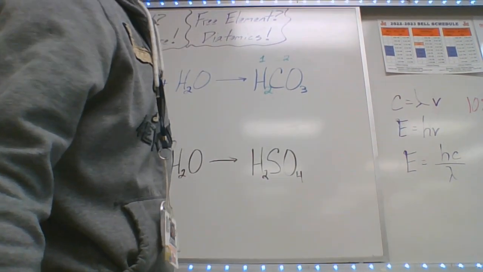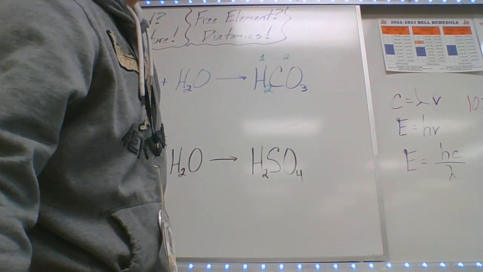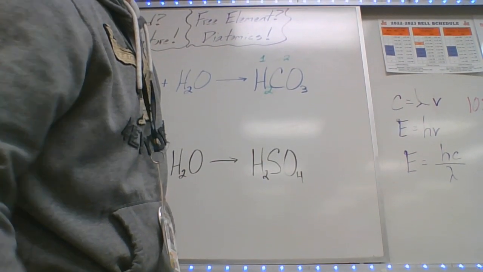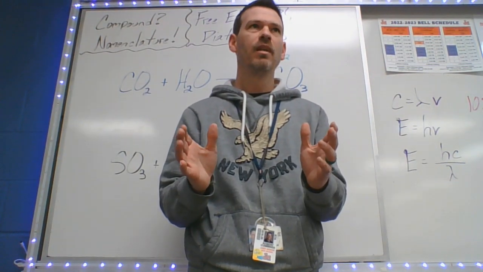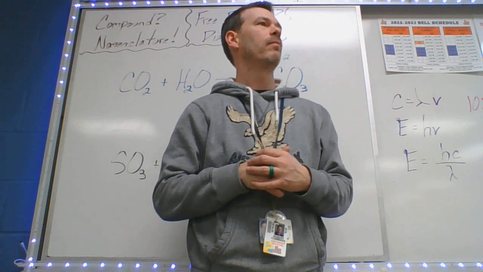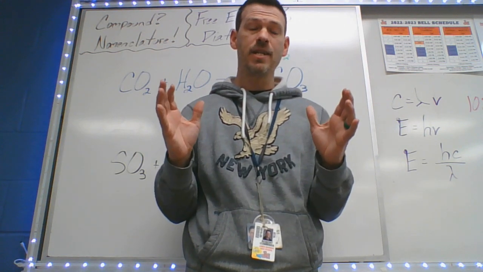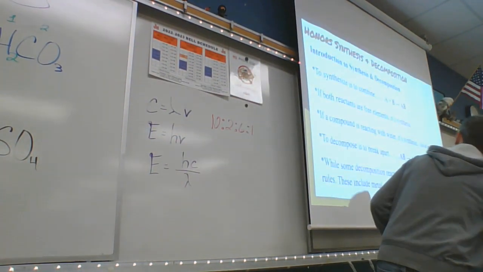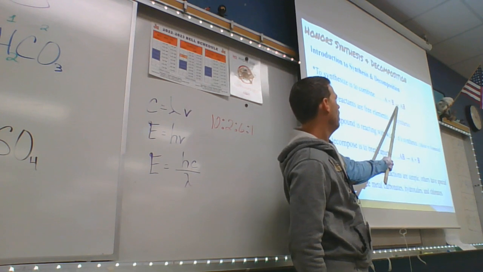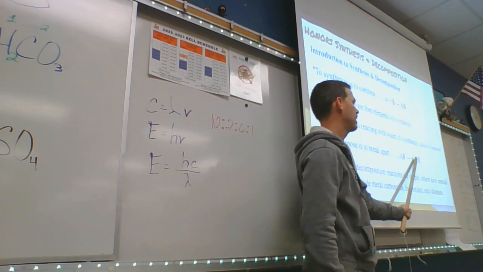All right, let's move on to our second type of reaction. Decomposition. If you look back at your opening screen and look at the skeleton for decomposition, you'll see that all it really is, is a flipping of the arrow. If you reverse that yield sign, this reaction becomes this reaction.